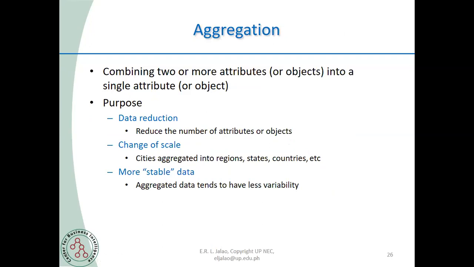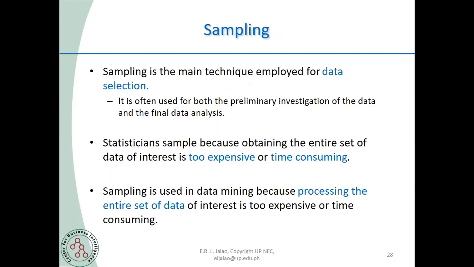So aggregation means combining two or more attributes or objects into a single attribute. The purpose, data reduction, change of scale, and stable data. So sampling is the main technique employed for data selection. It is often used for both the preliminary investigation of data and for the data analysis. So yun na, yung sampling, yung pag data gathering, you have to have your data sampling.